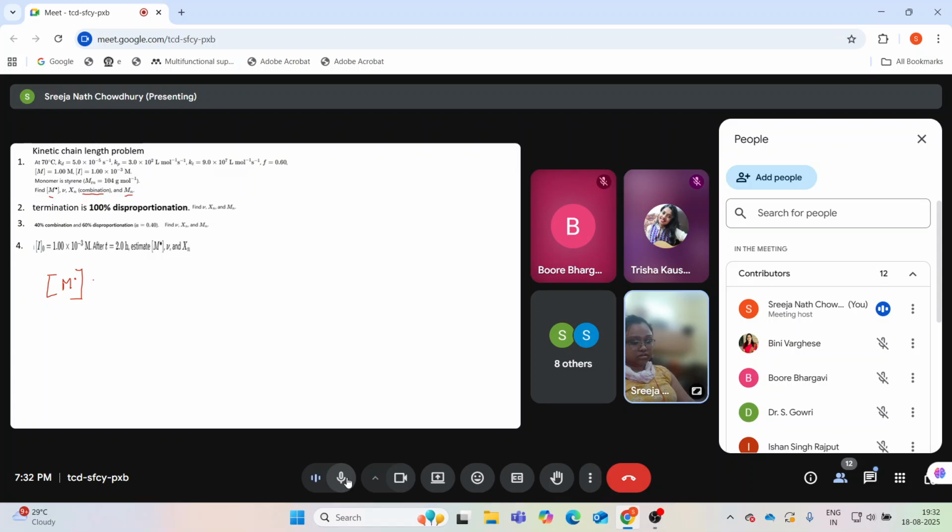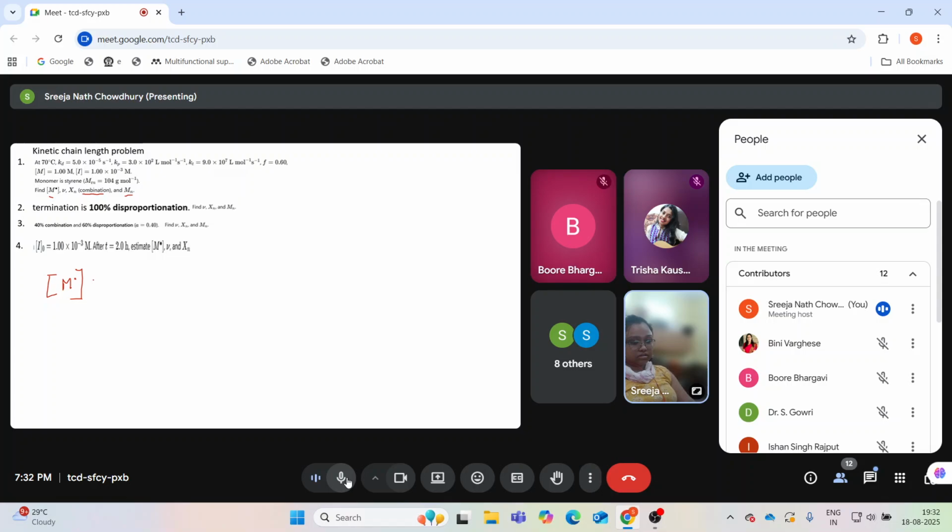So if 100% disproportionation occurs, the degree of polymerization is smaller than if combination occurs. For combination reactions we get a longer polymer chain, and for disproportionation we get a comparatively small polymer chain.